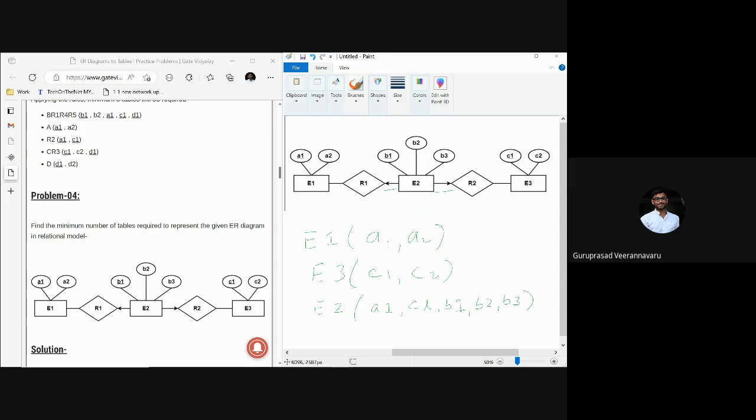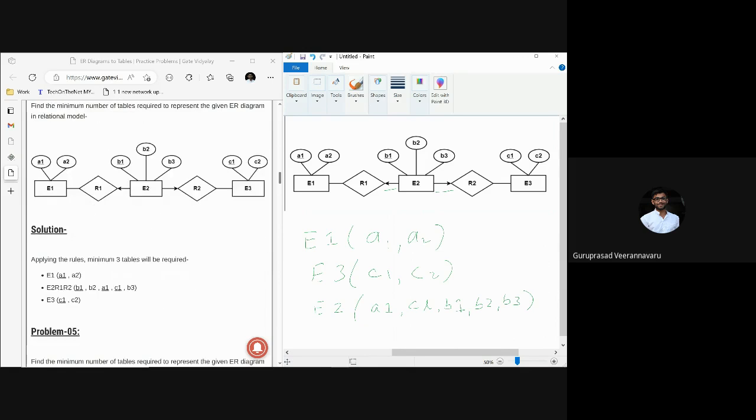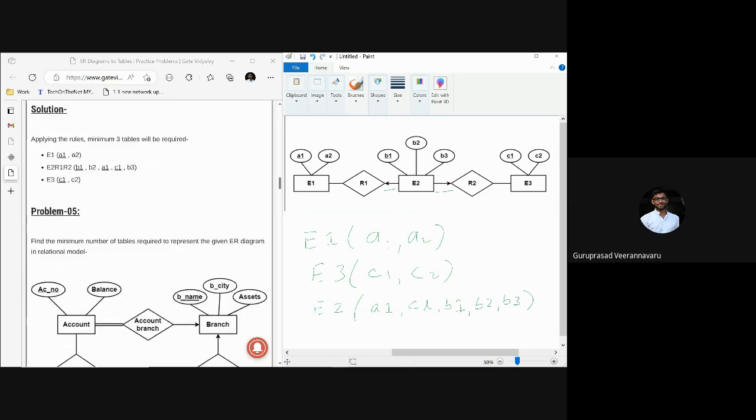Is this correct? Yes, sir. Let's see. So E1 has A1, A2. This has B1, B2, C1, C1. Okay. Let's take another example.